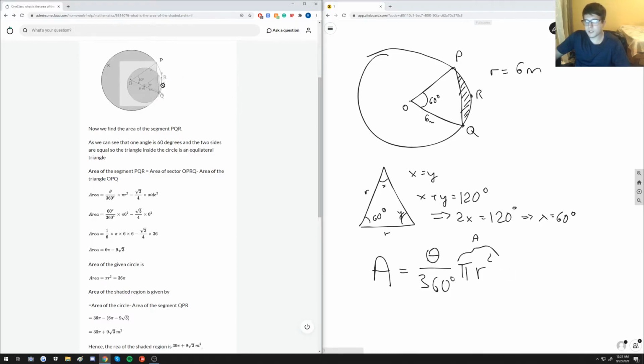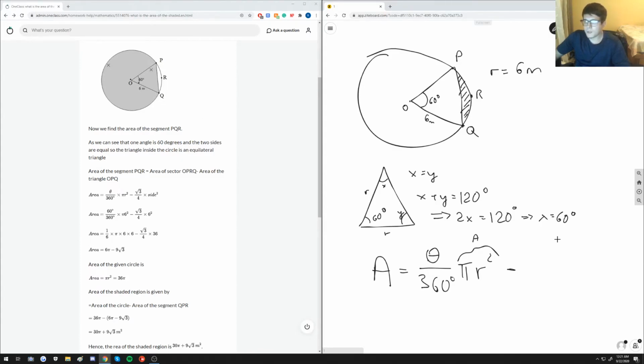We're finding the area of this slice, and we are subtracting out this part. So this is the area of that slice, and then we are subtracting out the actual area of the triangle right here. So area of the slice minus area of the triangle.